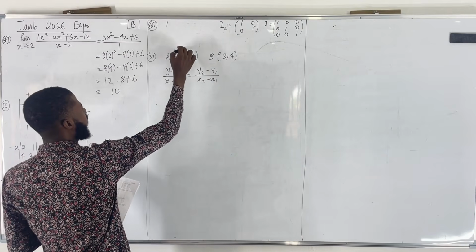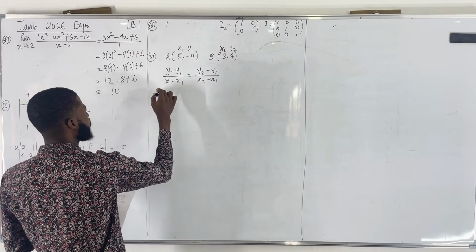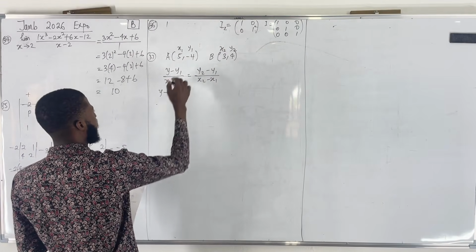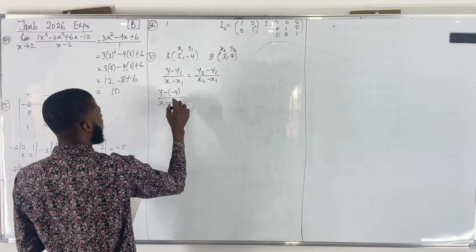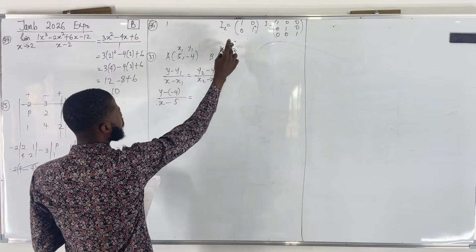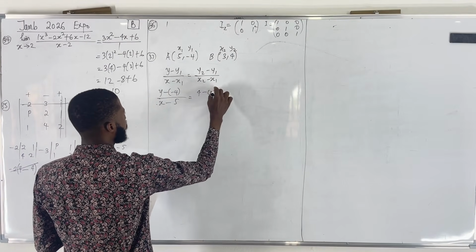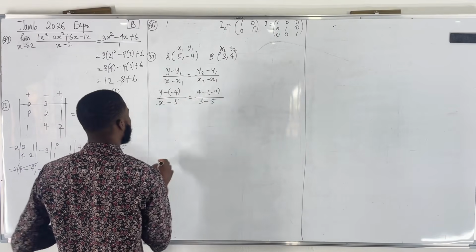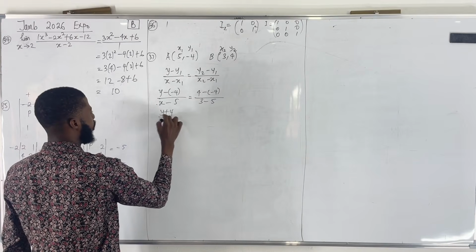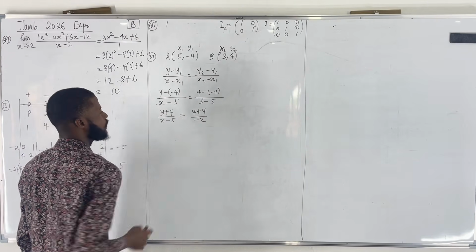So this is x1, y1 and x2, y2. So y minus y1 is y minus minus 4, so put a bracket there. Then x minus x1 is x minus 5, equal to y2 here, which is 4, minus y1, which is minus 4, divided by x2, which is 3, minus 5. So this will be y plus 4 over x minus 5 equal 4 plus 4 over minus 2.